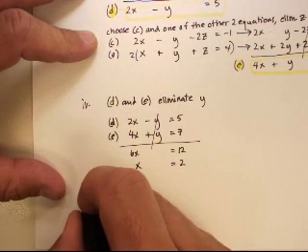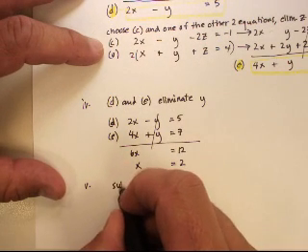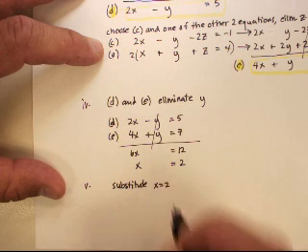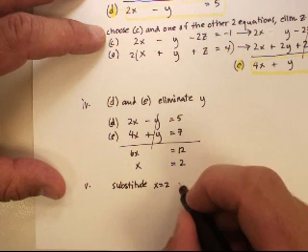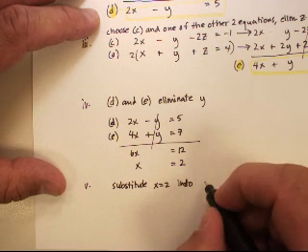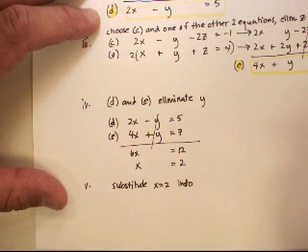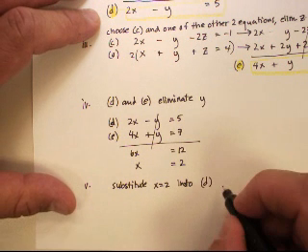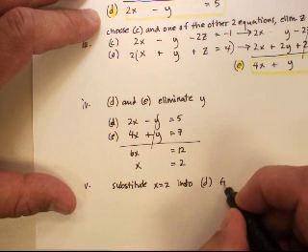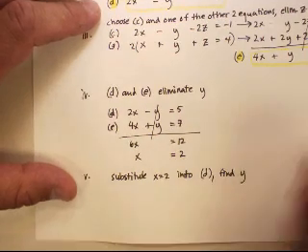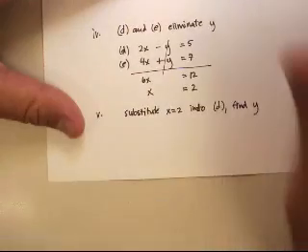So now in step 5, I'm going to substitute x is equal to 2 into either D or E. I'm going to substitute it into D. It doesn't really make any difference. And I'm going to find y. Let's see what happens.